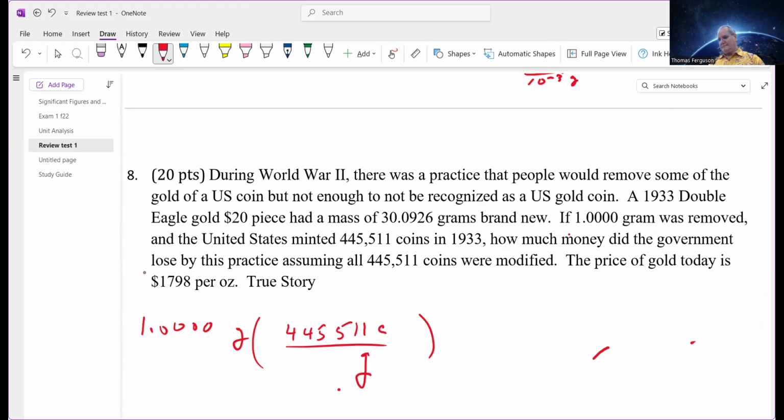So would we put the 30 point blah blah blah over 20? Or no? Let's just do over one for reconverted grams. And yeah, we need to get into ounces because that's how the money is. Right, yeah. So, let's go there.